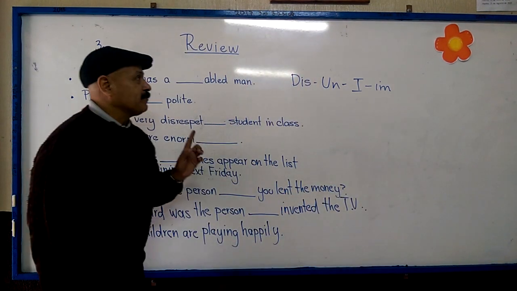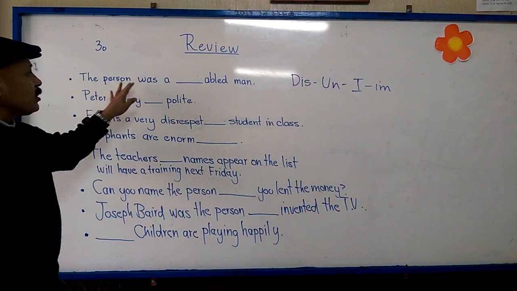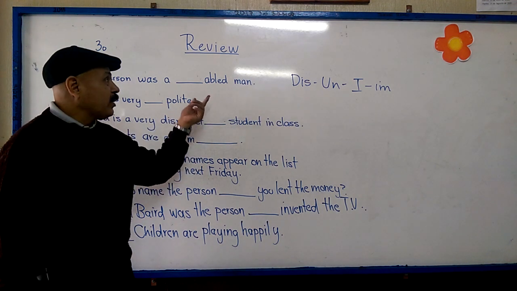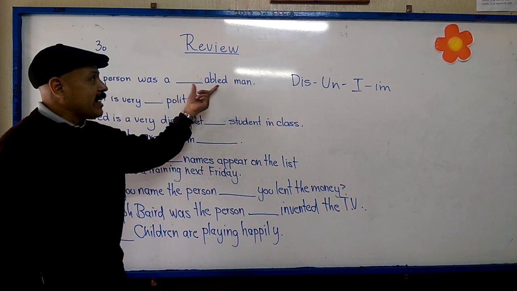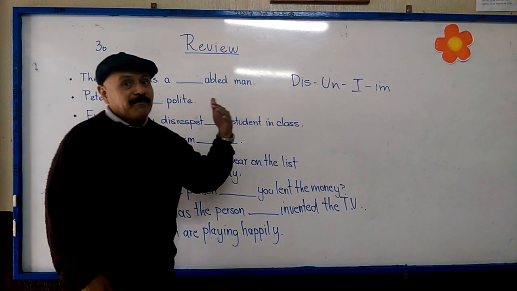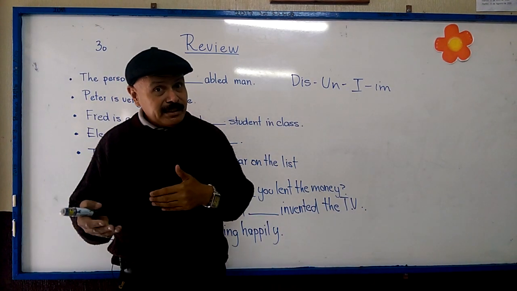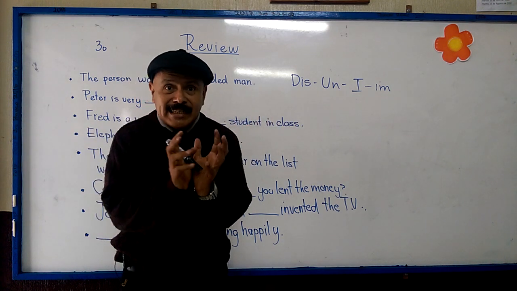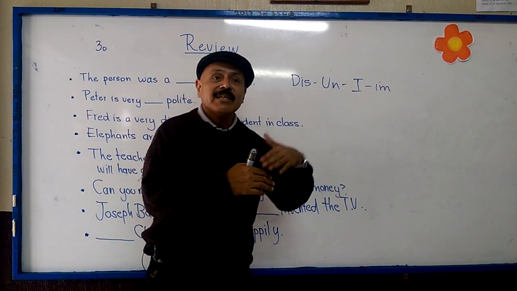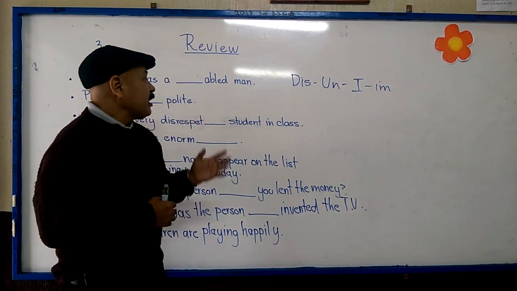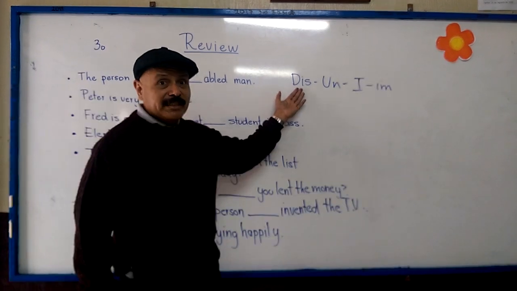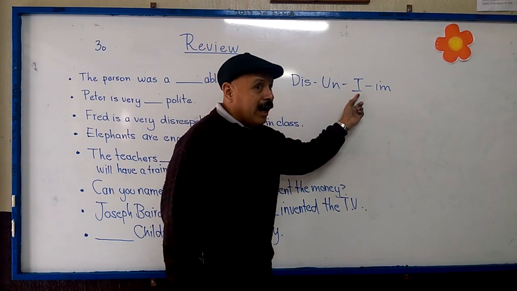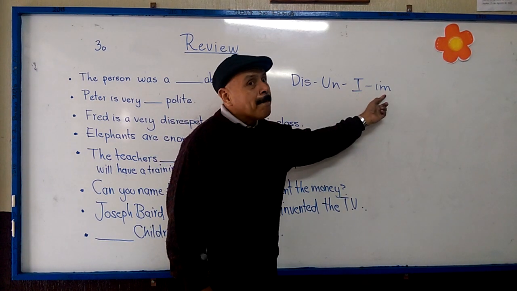The first one says, the person was an able man. What do you have to do in this case? You have to complete the word able with a prefix. Remember, prefixes and suffixes are the words that we attach, that we add to another word to give a different meaning. For example, here we have the prefixes dis, un, ir, and im.